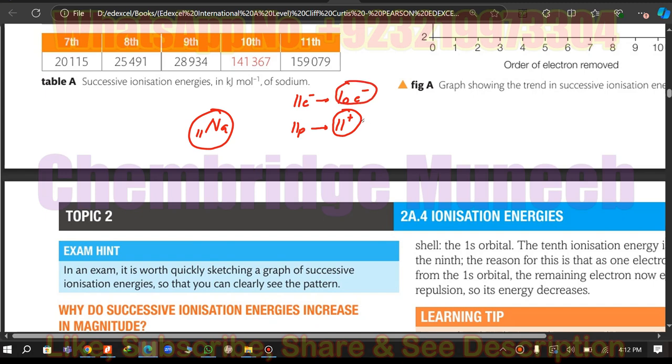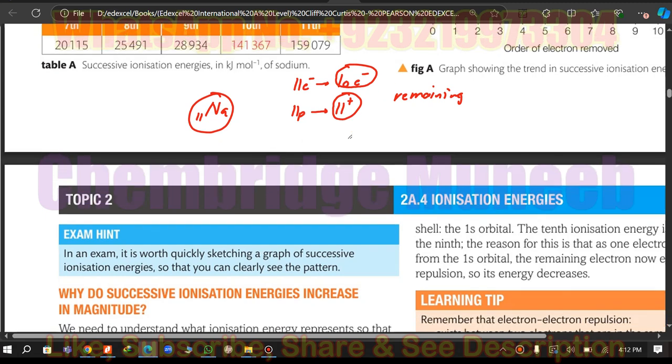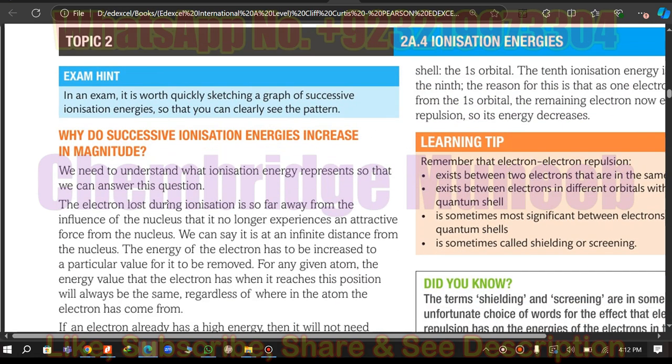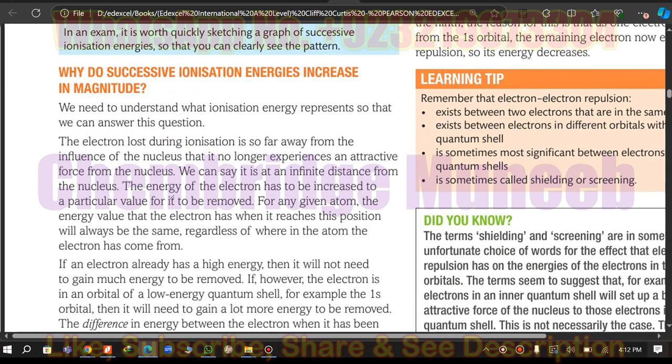As a result, the nuclear charge effect on the remaining electrons will be higher, and the remaining electrons of the atom will have higher attraction with the 11 protons in the nucleus. As a result, you will need to give more ionization energy to remove the remaining electron.